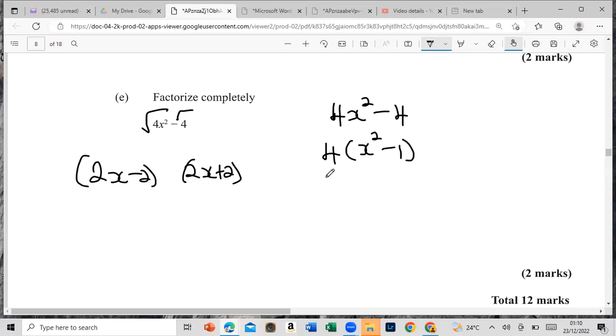So we get 4, and factorizing this, x plus 1 and x minus 1. Both of these are acceptable by CSEC. Both of these are correct. So guys, you would have obtained your 12 marks.